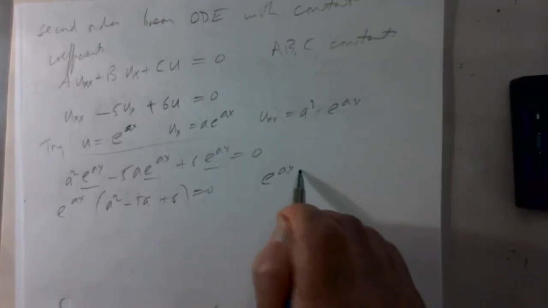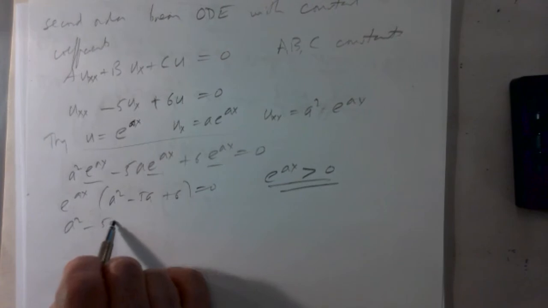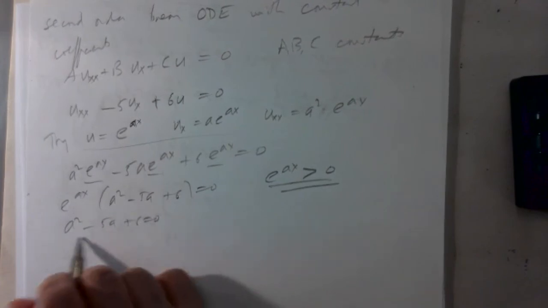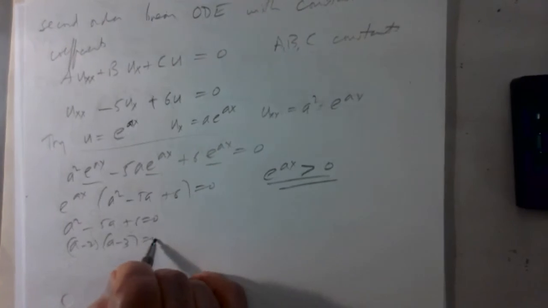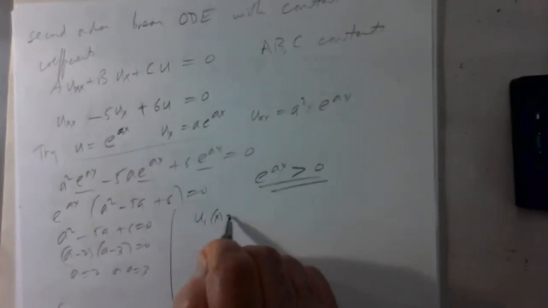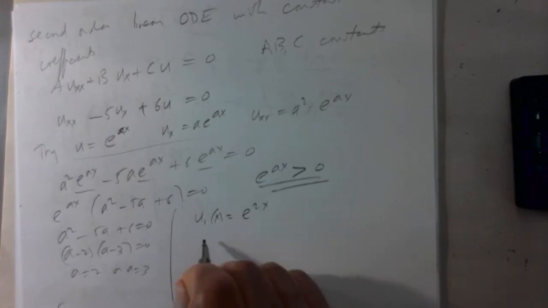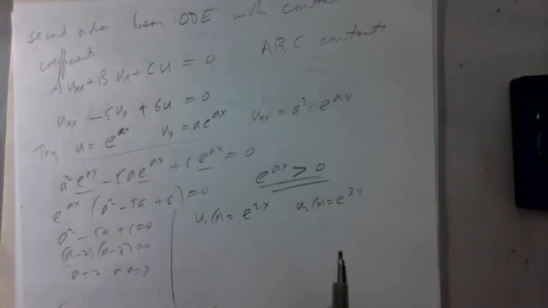But e to the ax is never 0. The exponential function is always positive, so we can divide by it. So a has to satisfy this quadratic equation. And we can solve it because it factors. So a is equal to 2 or a is equal to 3. So we get two solutions to our differential equation: u1(x) is e to the 2x, and u2(x) is e to the 3x.